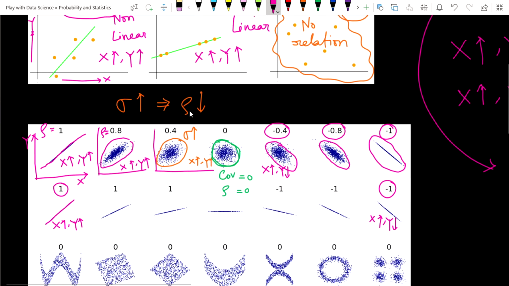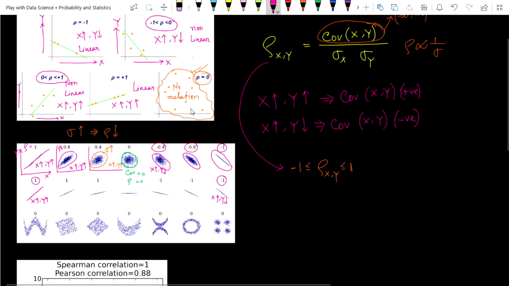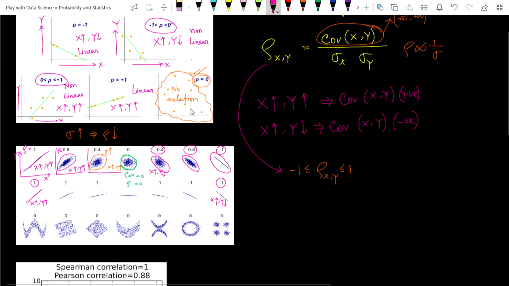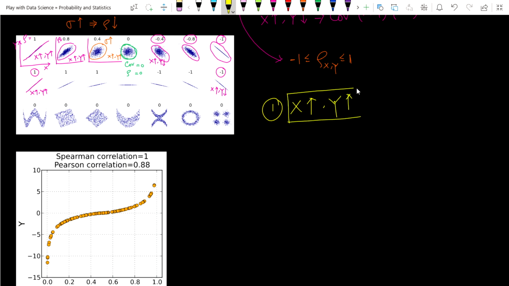I think it will be better if we write down these conclusions. So the conclusions that we got from here: the first thing to observe is if x increases and y increases, and if it lies on a line.